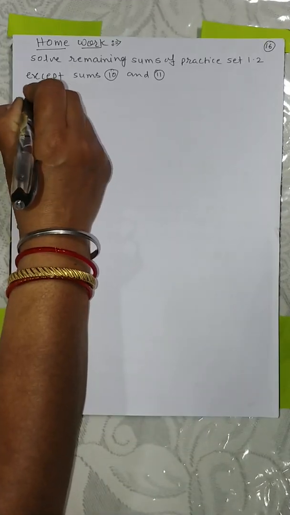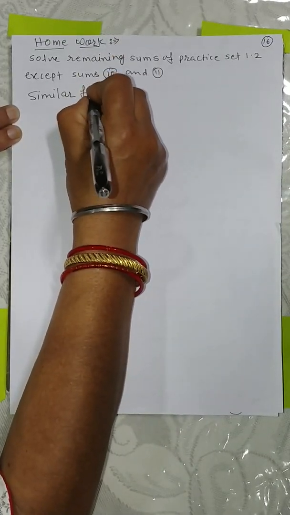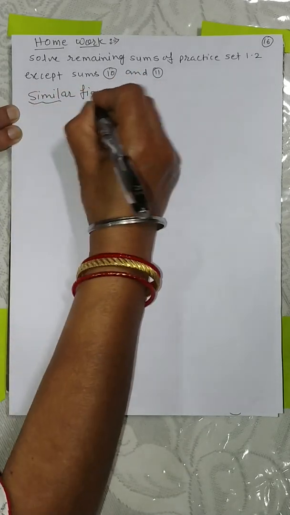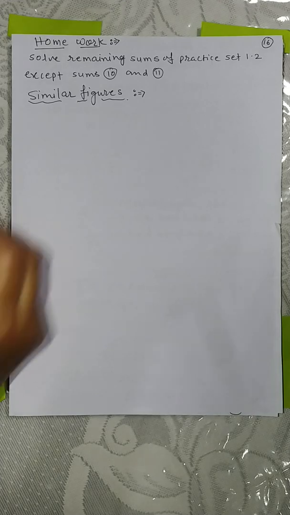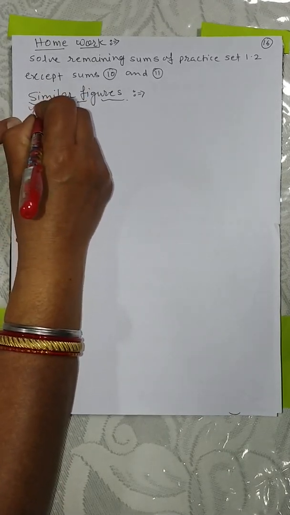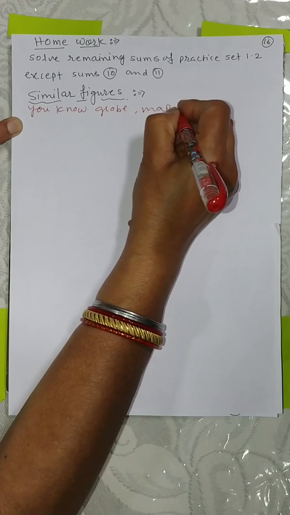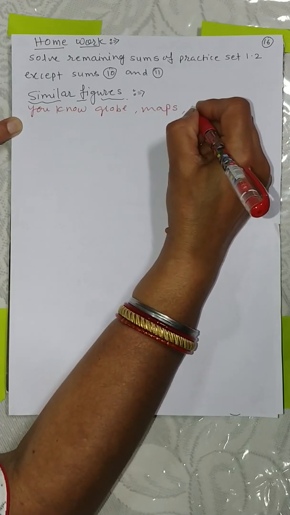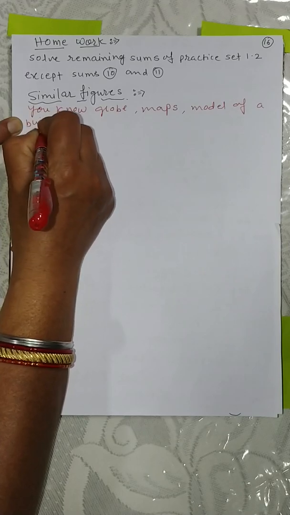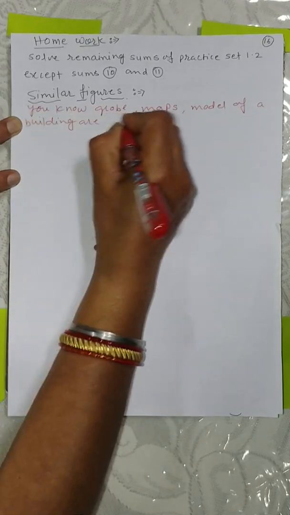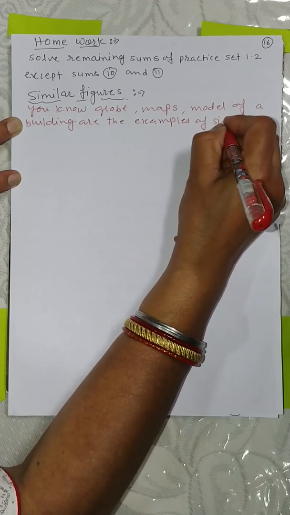Now we see similar figures. Now you know globe, then maps, model of a building, are the examples of similar figures.